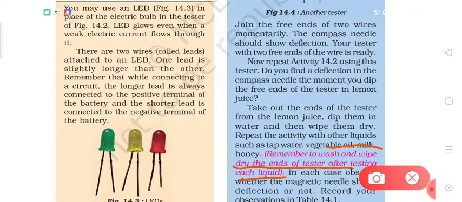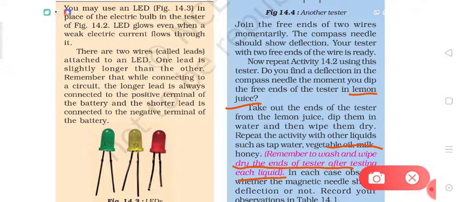That means once you have used the tester in lemon juice, when you take the two ends of the tester out of the lemon juice, first you will dip the two ends into water, then dry them by wiping, right, and then dip it into another liquid.